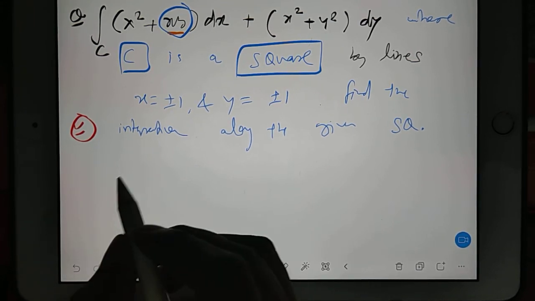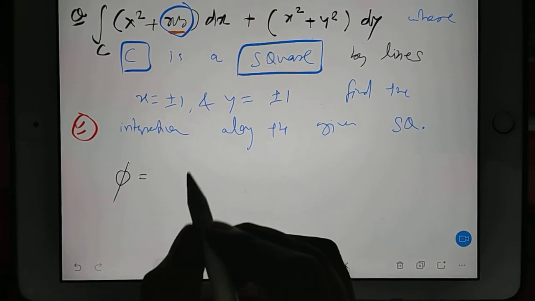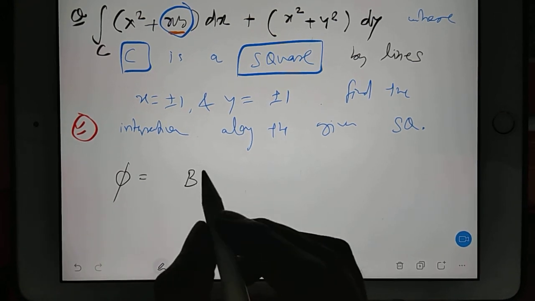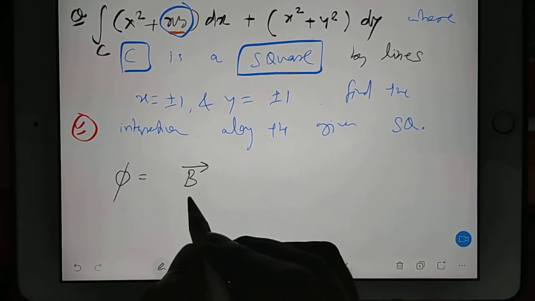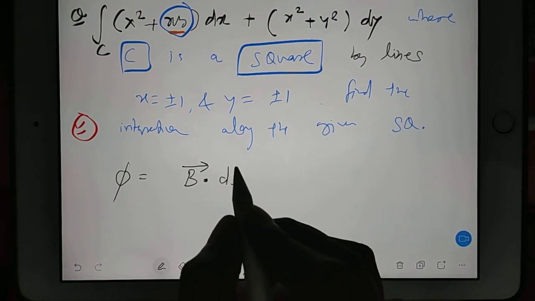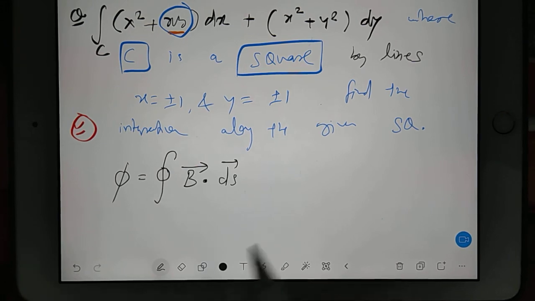Flux phi. I am talking about the magnetic flux, not the electric flux. We used to have symbol B for the magnetic field, and this magnetic field we used to integrate with our area. So when we integrated, we used to put a cyclic integral, so we integrated this on a curve.